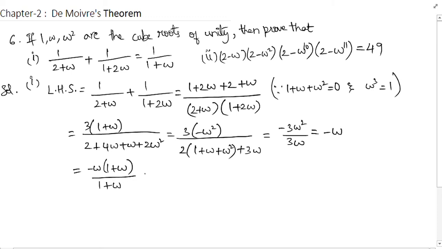Then we can write this as minus omega square divided by 1 plus omega, which will be equal to 1 by 1 plus omega, because we have the formula 1 plus omega plus omega square is equal to 0. So minus omega square will be equal to 1 plus omega. So we got the answer as 1 by 1 plus omega. So we have proven that LHS is equal to RHS.